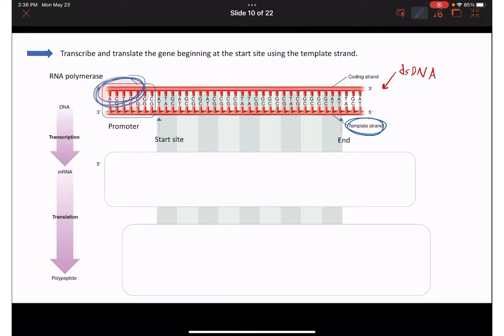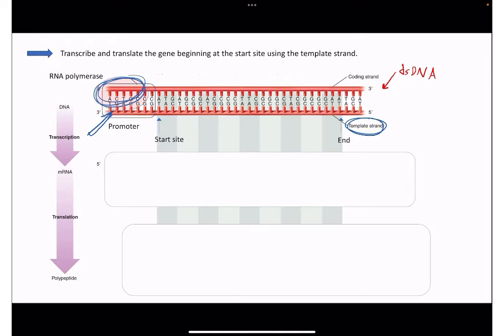So what I'd like you to do is, using the genetic sequence of the template strand, I'd like you to tell me what the mRNA sequence is going to be. And then based on that, I'd like you to tell me what amino acid sequence is going to result from it.